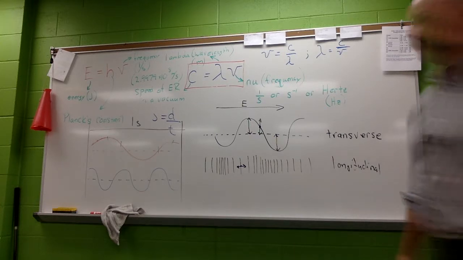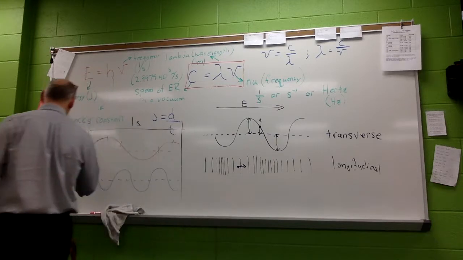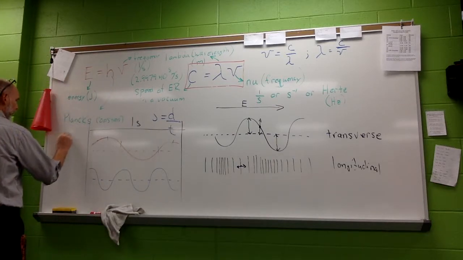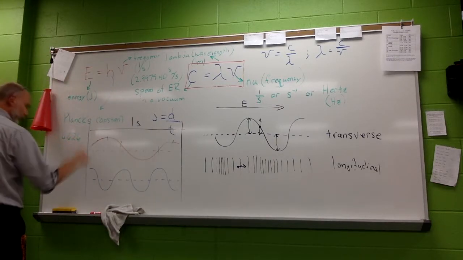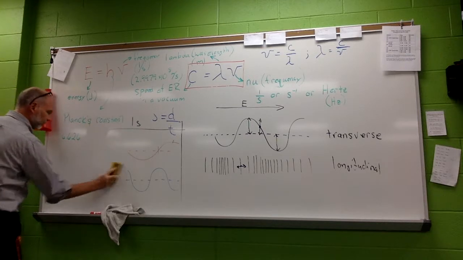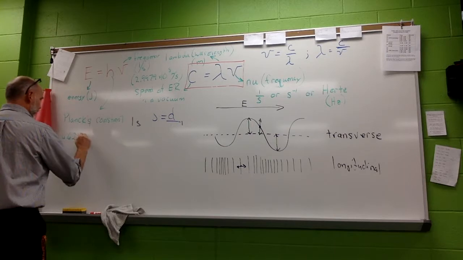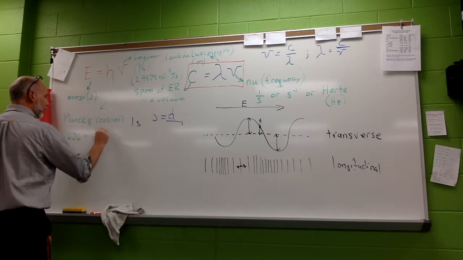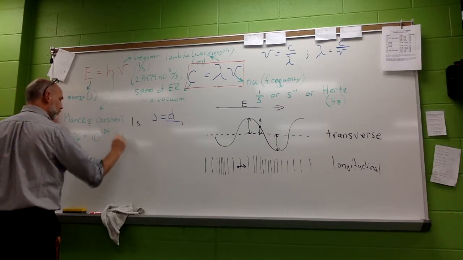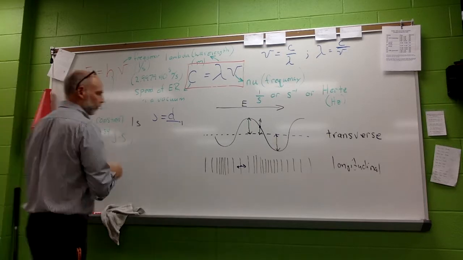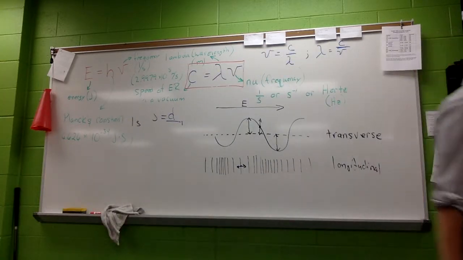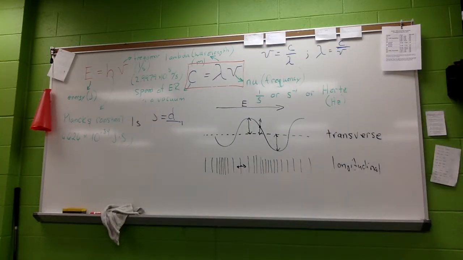You know, I don't even know who that is. Anyway, it has the value of 6.626 times 10 to the negative 34th joule seconds. So anytime you use H, or Planck's constant, it's 6.626 times 10 to the negative 34th joule seconds.